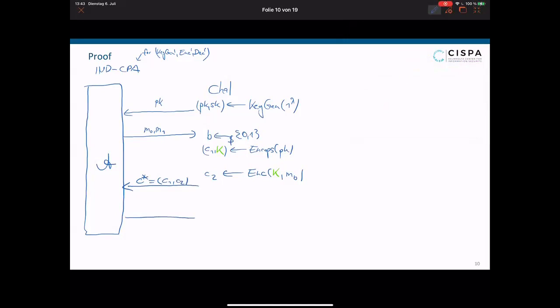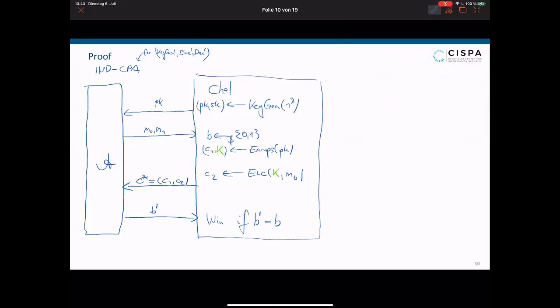My adversary, as usual, outputs a guess B prime, and we win if B prime equals B. Okay, good. So that's the experiment for you.